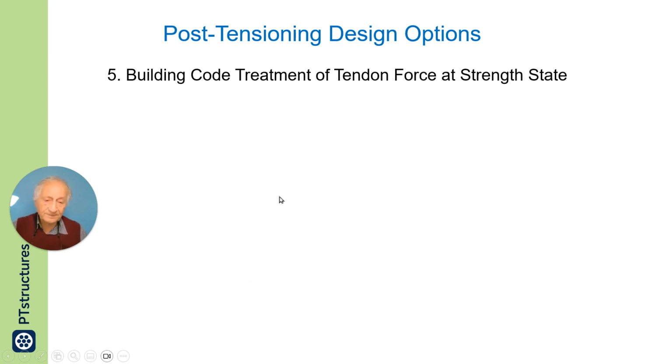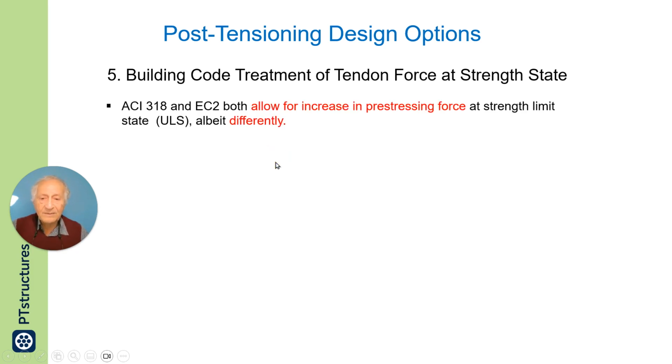Now let us look at the treatment of the code when it comes to accounting for change in tendon stress. ACI and EC2, the European code, both allow for increase in pre-stressing force at limit state, but allow for it differently.